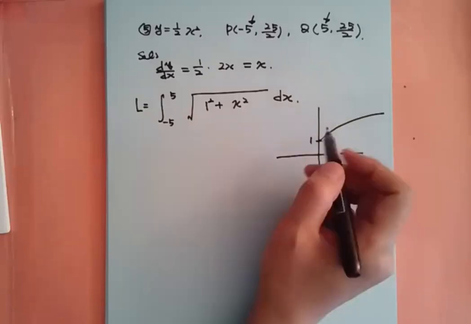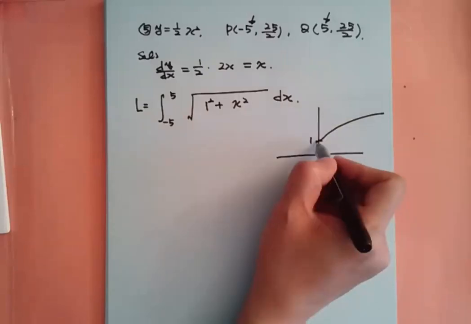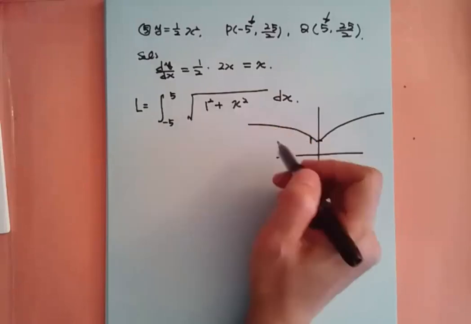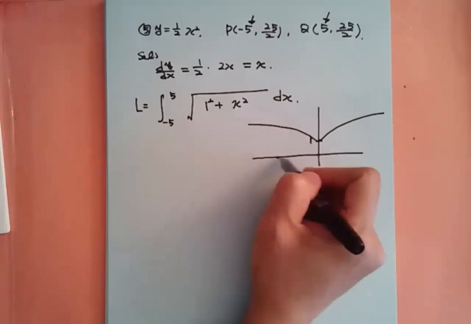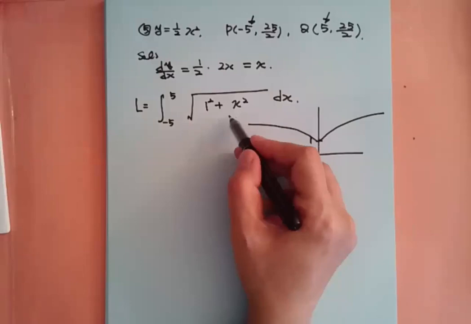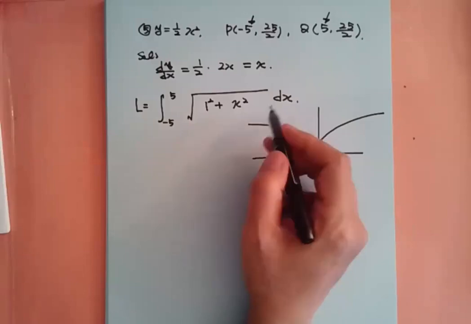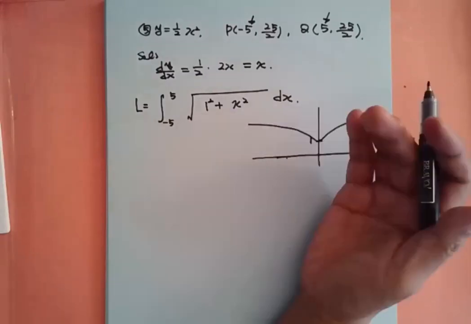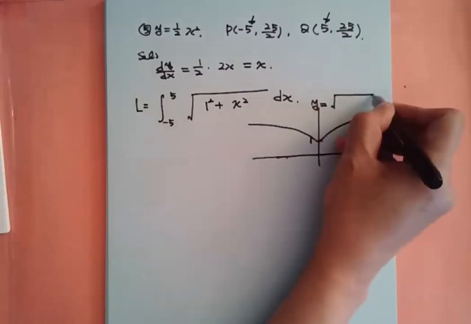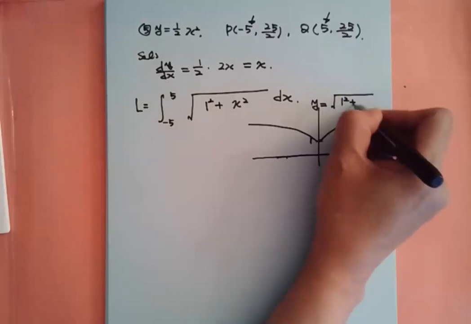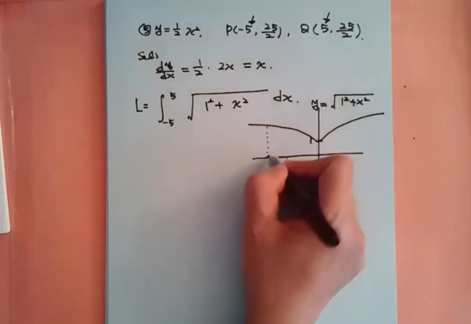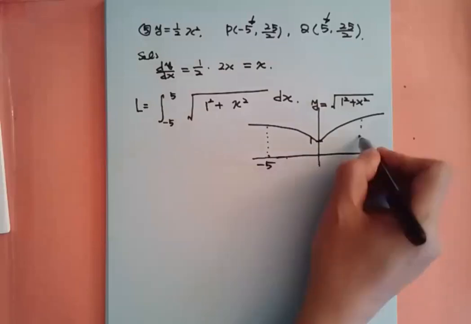And the left side, the same thing happens because x squared makes the minus sign useless, right? So x and minus x will have the same output value, which means that it is symmetric along the y-axis. So this is the graph of y equals square root of 1 squared plus x squared. And we are thinking about the integration from -5 to 5.